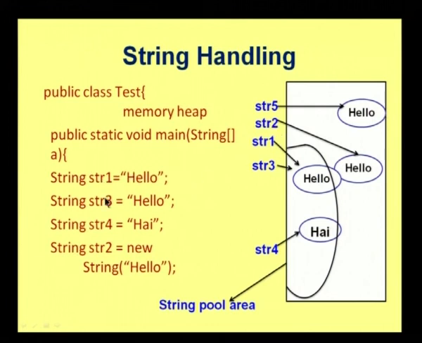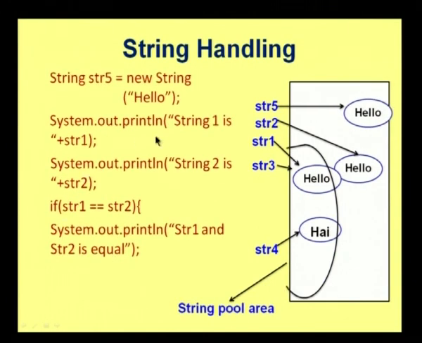Whereas here both the values as well as the memory remain the same for both str1 and str3, here we have a new memory being allocated, the value being stored and a new name str2 given. Next we can see str5, and I am trying to create a new string variable with the same value. Again a memory will be allocated and this value is given the variable name str5.